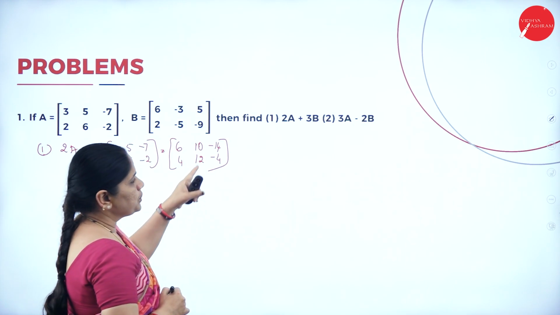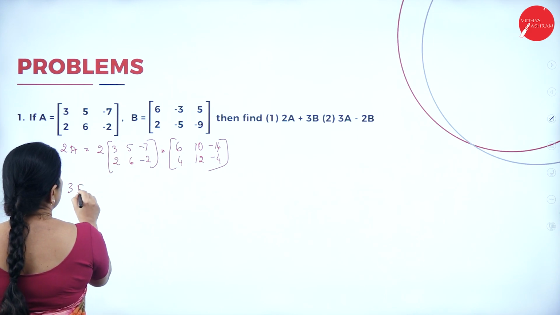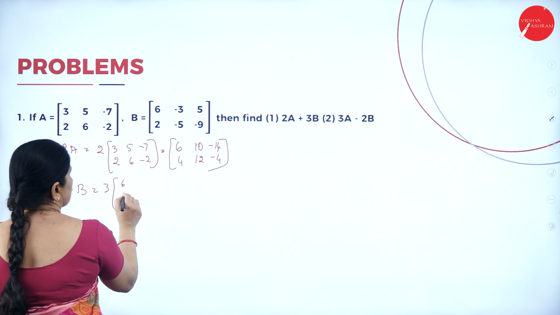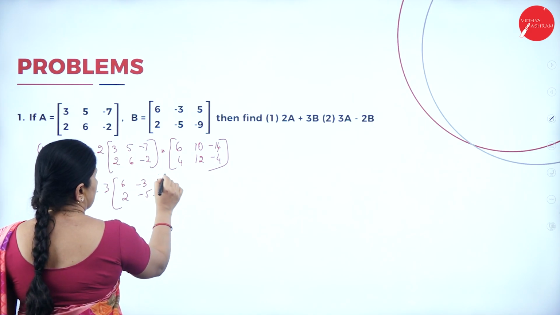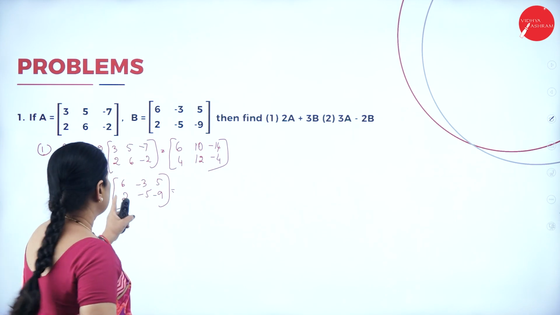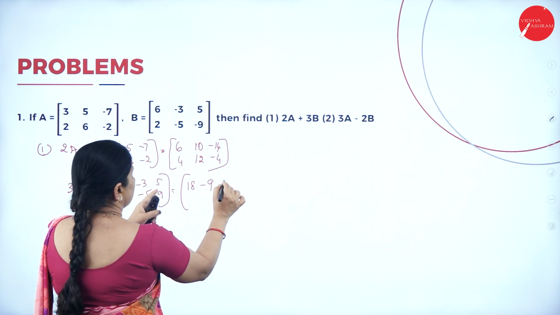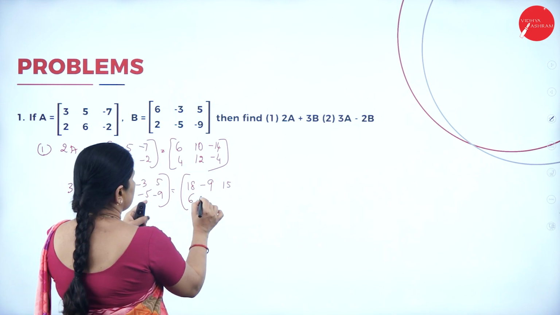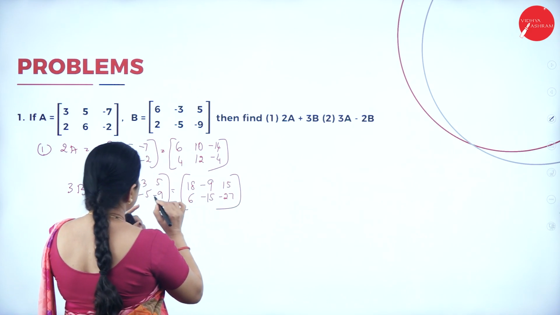So, we got 2A. Now, I have to find 3B. 3B equals 3 into 6, 2, minus 3, minus 5, 5 and minus 9. Now, I multiply each element by 3. 3 6s are 18, 3 3s are 9, 3 5s are 15, 3 2s are 6, 3 5s are 15, 3 9s are 27.